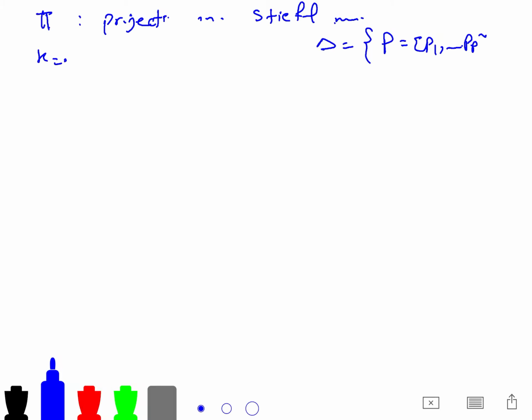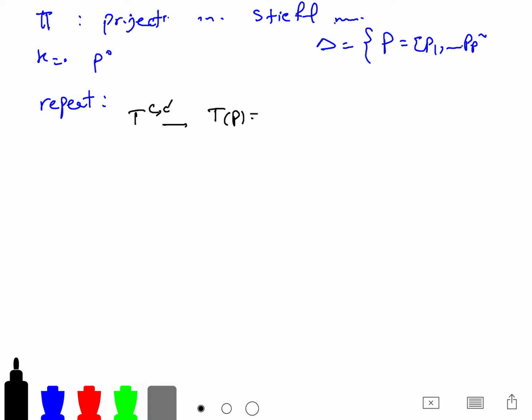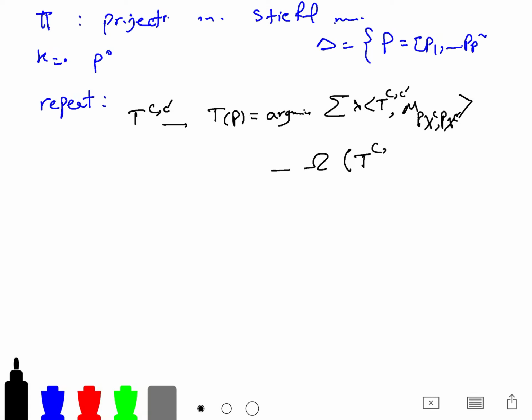So we initialize with k equal to 0 and p0, and then we repeat the algorithm. The algorithm is to compute t c c prime, where t of p is equal to the arg min of lambda t c c prime m pxc and pxc prime minus the entropy term, which is tcc prime.